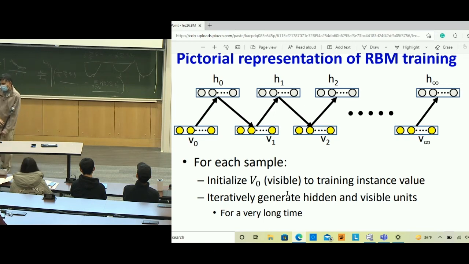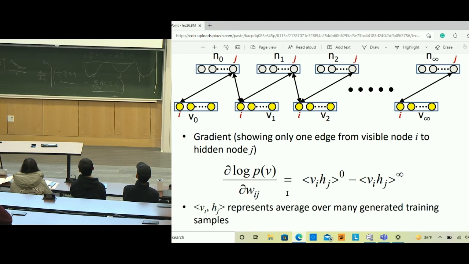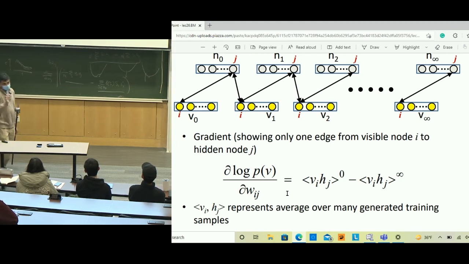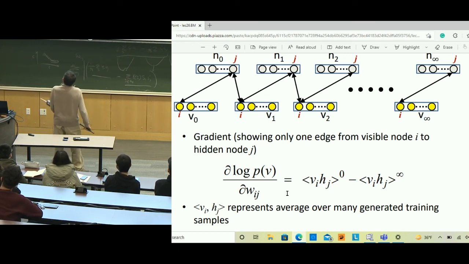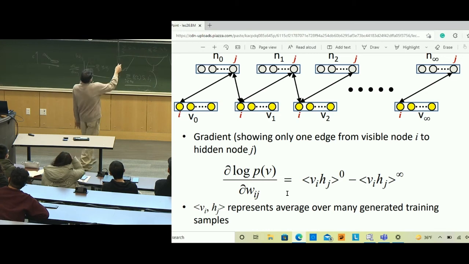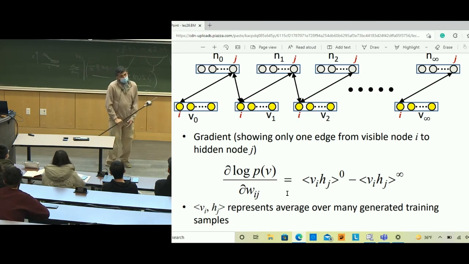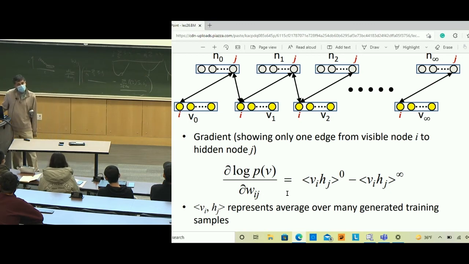So basically, training means that the derivative is going to be the product of the visible and hidden bits in the first iteration minus the product of the visible and hidden bits in the final iteration. So if you actually let this evolve and you do the Boltzmann machine properly, that's what it ends up being.